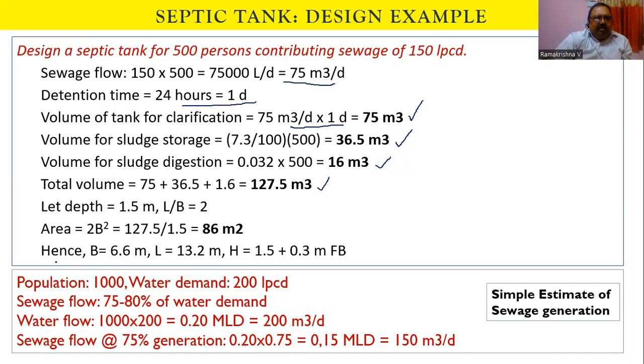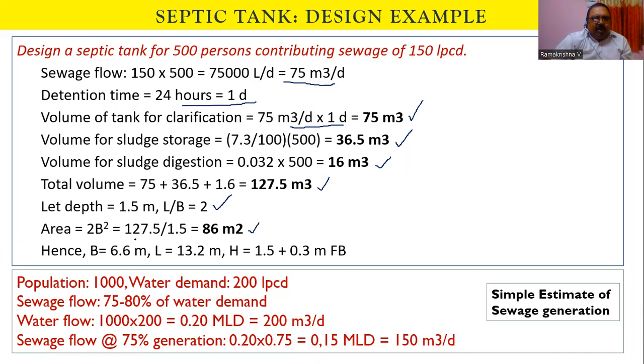Let the depth of the tank, between 1.2 to 1.8, be considered as 1.5, and the L by B ratio I take as 2, rectangular. Then 2B square is equal to volume by H, which is 86 meters square.